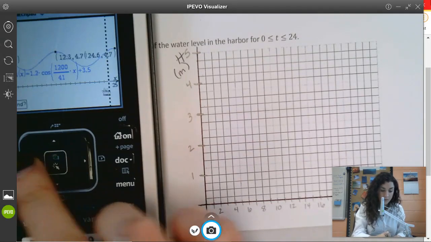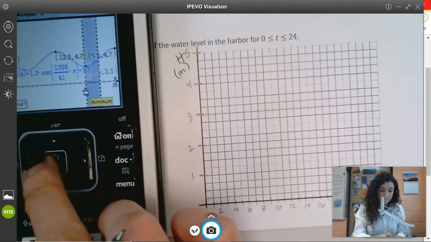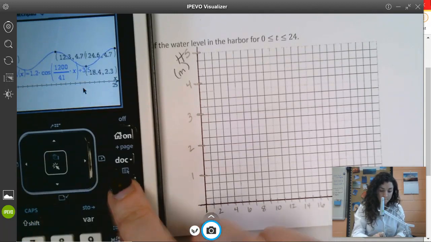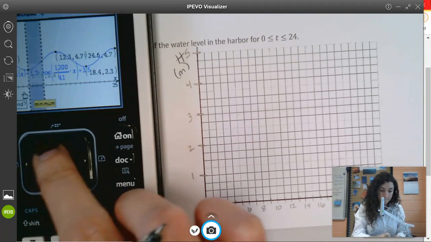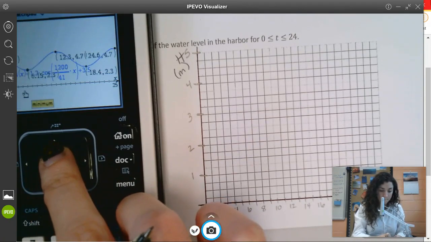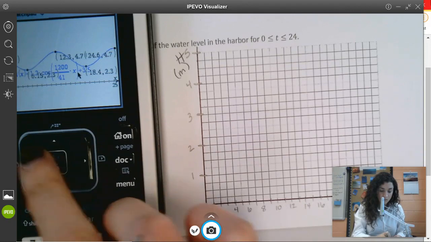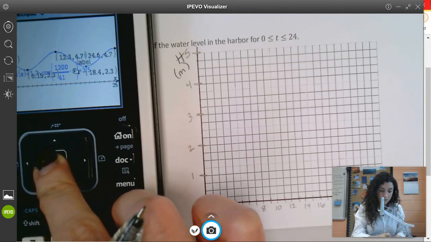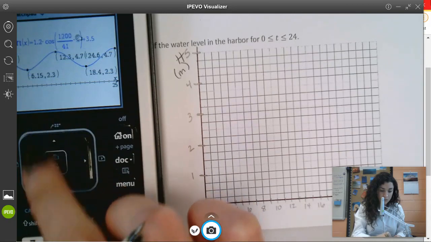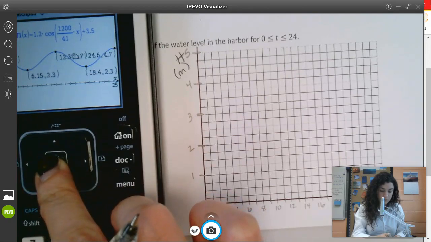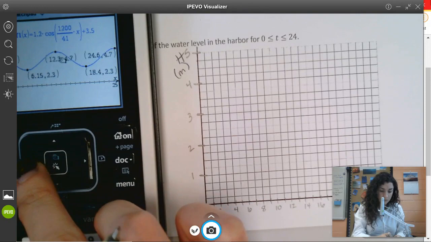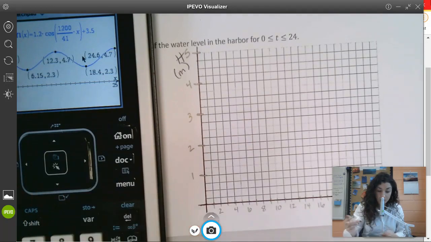And all of your minimums. And start graphing.